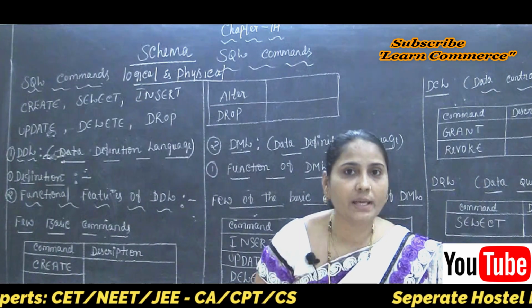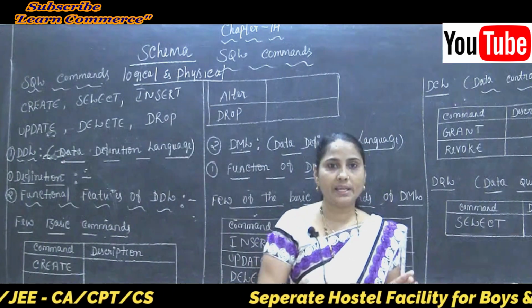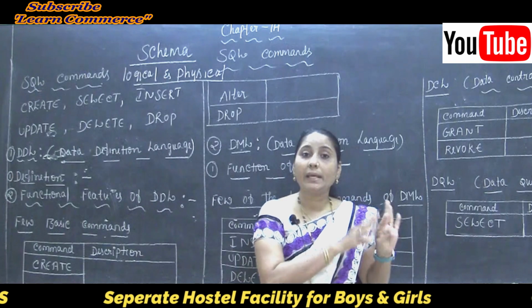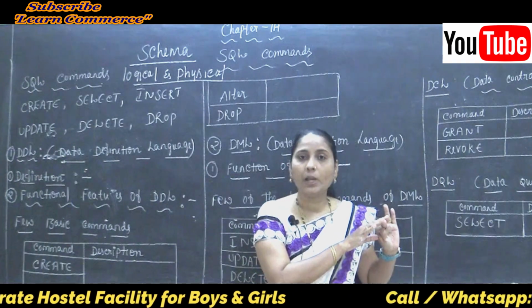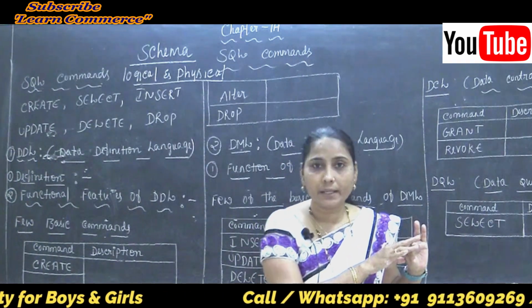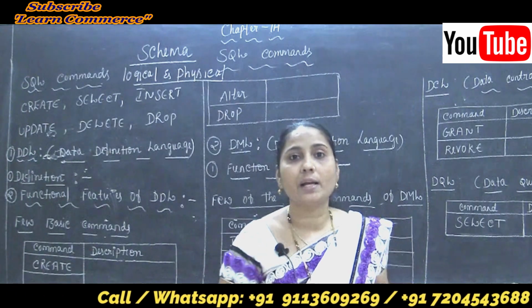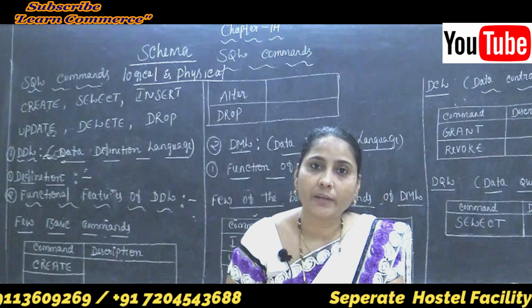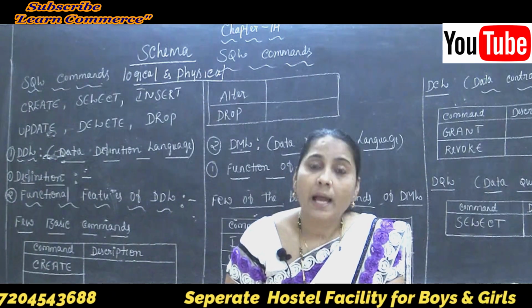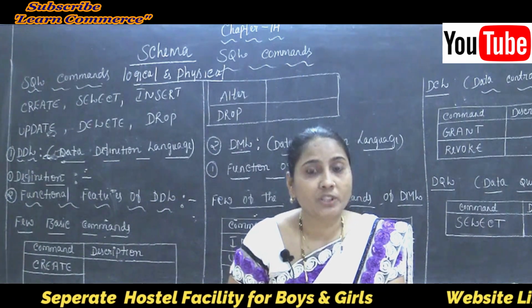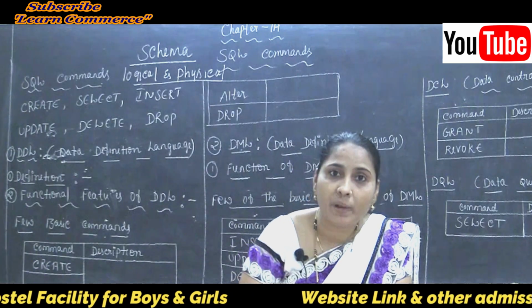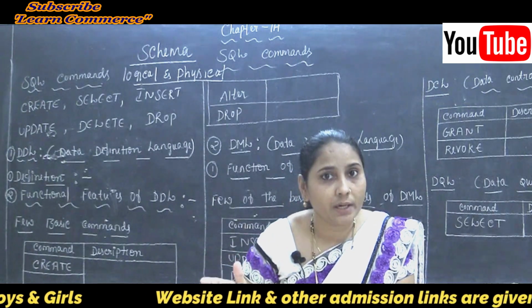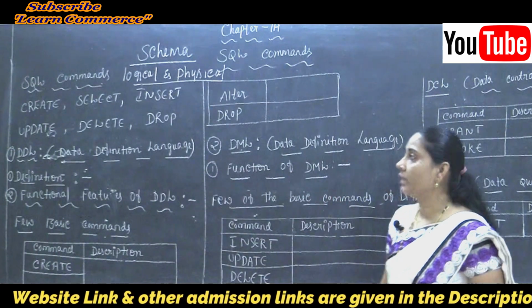So some of the keys we are going to use are the primary key, the candidate key, the alternate key, also called the secondary key, the super key, and also the foreign key. So while creating the table we can use any of the keys, and the key is used to establish the relationship between tables or between the columns. Clear this point here? So this is the third feature.